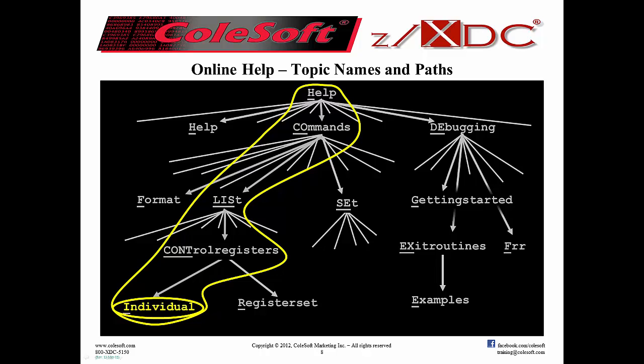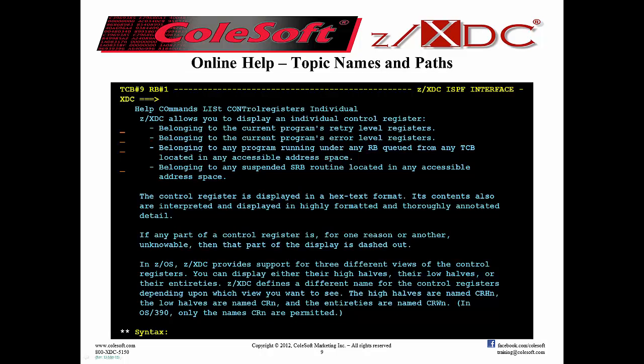Well, to get to that panel, you have to give both its name and its path. So the complete help command would be help commands list control registers individual, or abbreviated to just H co list CONT I, resulting in this. And here again is the full command for getting to this topic. But don't worry, there are lots of shortcuts.